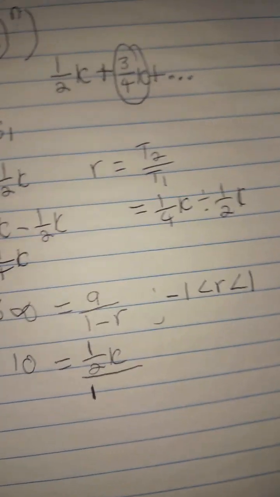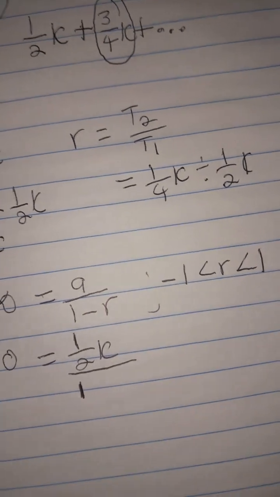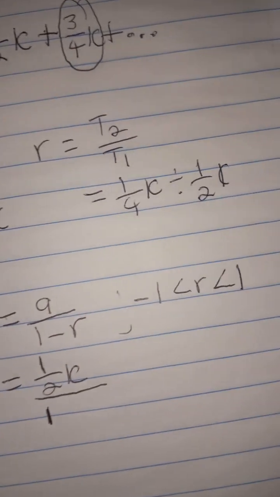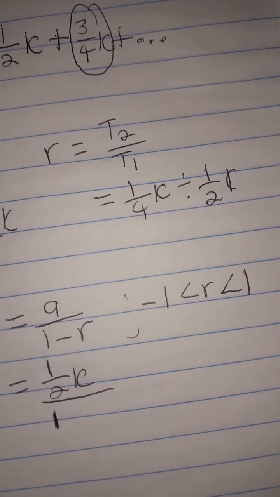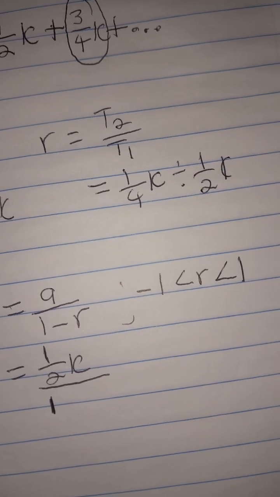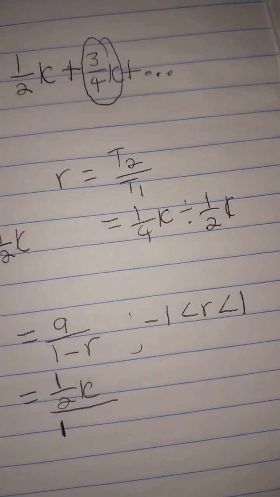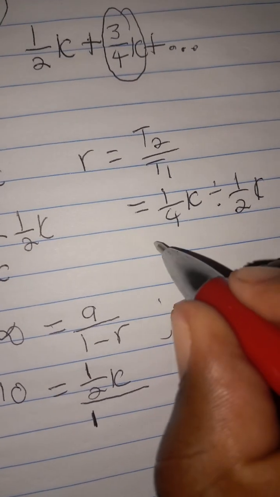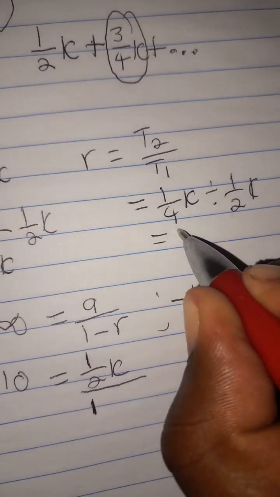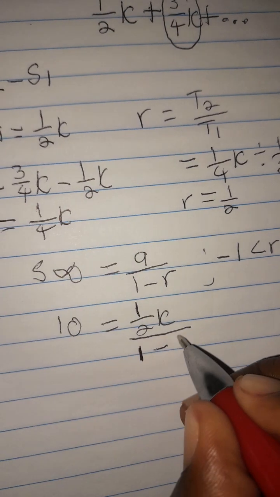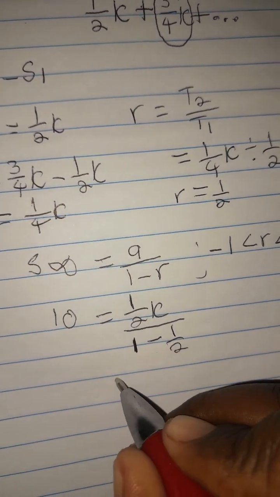So 1 over 4 divided by half gives half, because the k and k cancel each other. So our constant ratio r is half.